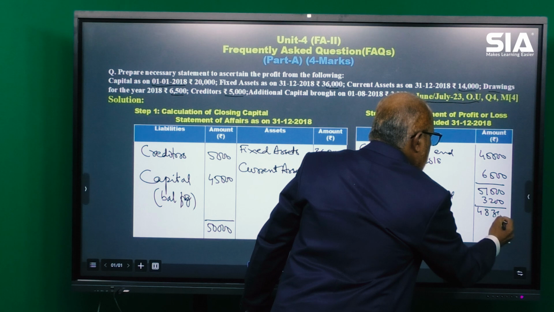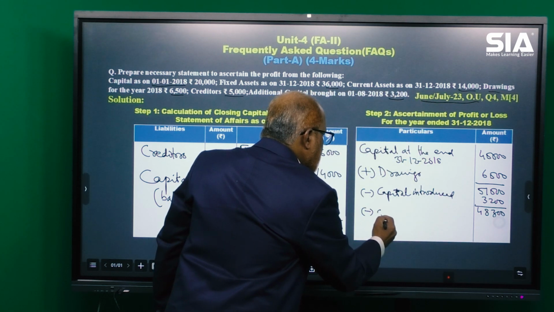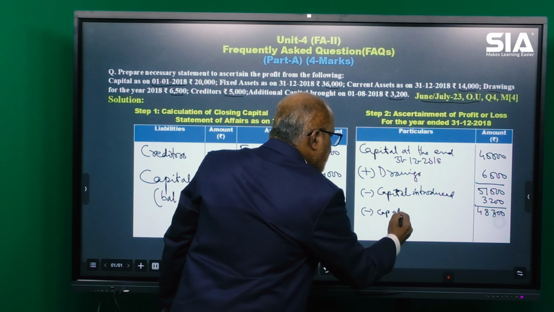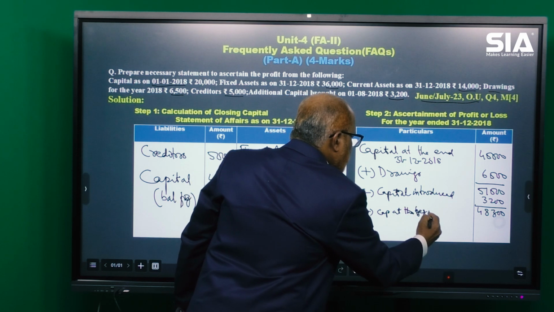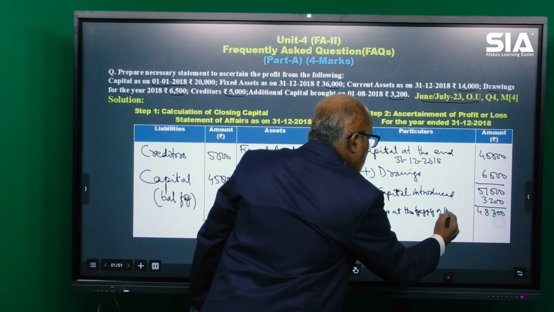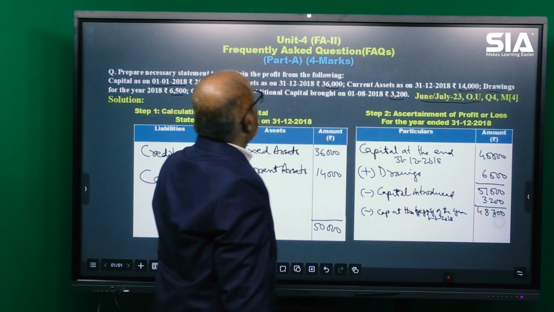From this we deduct capital at the beginning of the year, that is 1st January 2018.